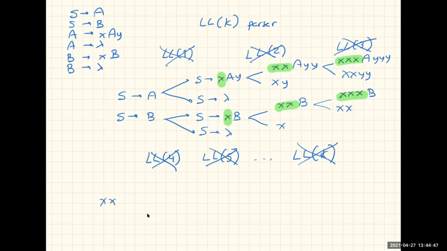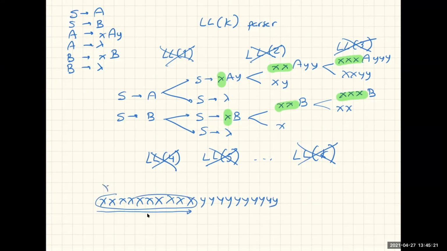Why? Because remember that we want to use some look ahead, and maybe we have 10 x's: 1, 2, 3, 4, 5, 6, 7, 8, 9, 10. And at this point, we don't know if we will see 10 y's. Maybe yes, maybe not, because this language does not allow us to have a certain number of look aheads in order to know which set of rules we need.